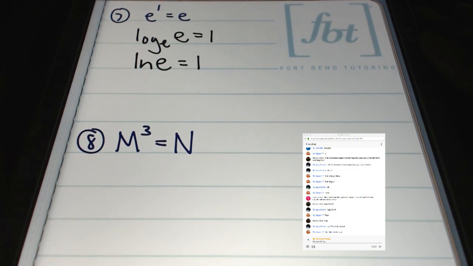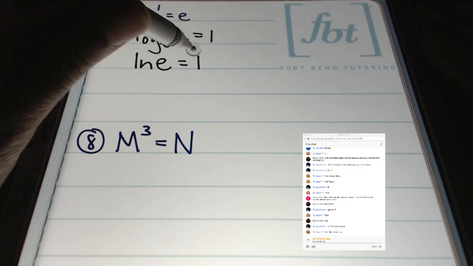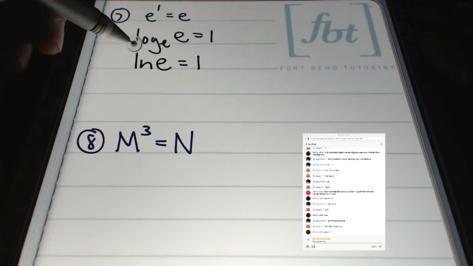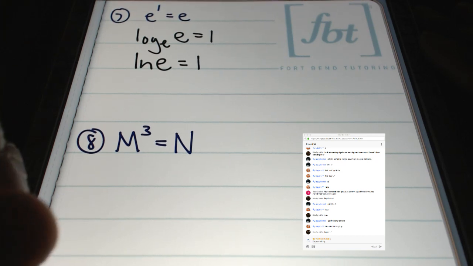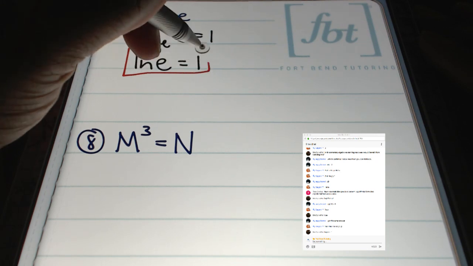This will be coming in handy, guys. Keep this in mind, that the natural log of e equals 1. That'll be used a lot in simplifying equations, expressions, and the like. There you go. So this is the logarithmic form.